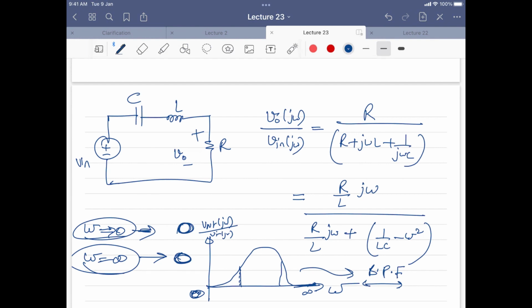Sir, the voltage gain V out by V in equals 1. Yes, at omega equal to 1 by root LC, that means you are here. Good. So at this point you are getting exactly 1, right?